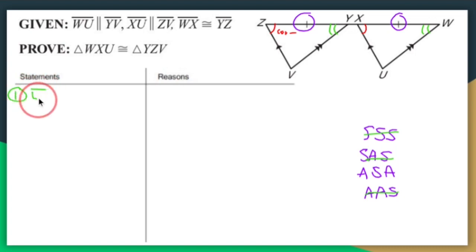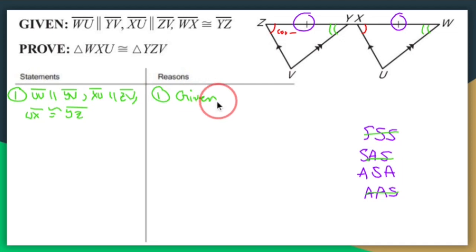WU is parallel to YV, XU is parallel to ZV, and WX is congruent to YZ. That gives me my side right there, given.